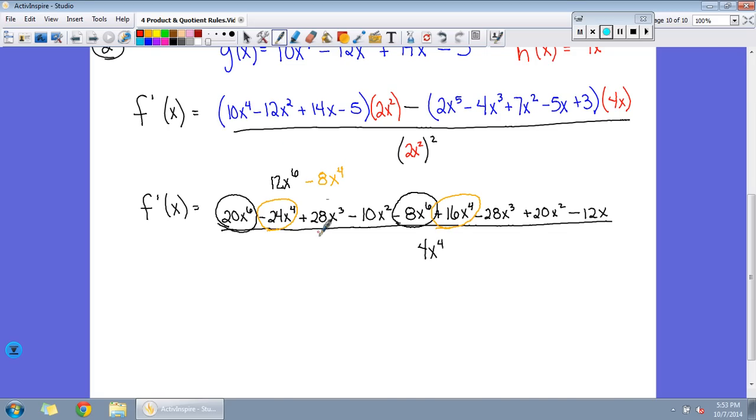And then I've got positive 28x cubed, negative 28x cubed, and that's going to be 0. And then I have, let's do green, negative 10x squared, positive 20x squared to be positive 10x squared. And then my last number is just negative 12x.